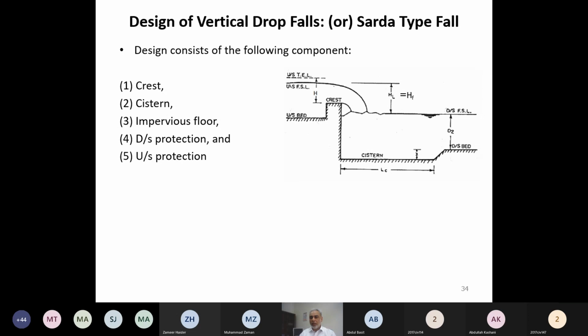Over there we have an elaborate design, but this is a small structure, so simple theory of subsurface flow will be utilized. It is allowed that you can utilize Bligh's theory for design of the concrete floor in case of the vertical drop fall. So this impervious floor is not visible over here, but it should be visible.